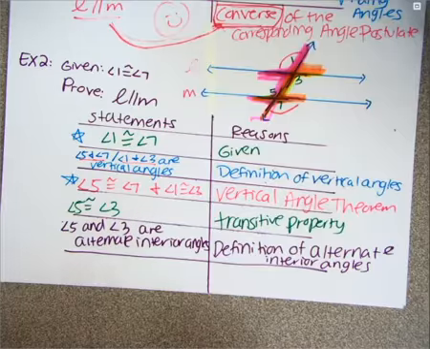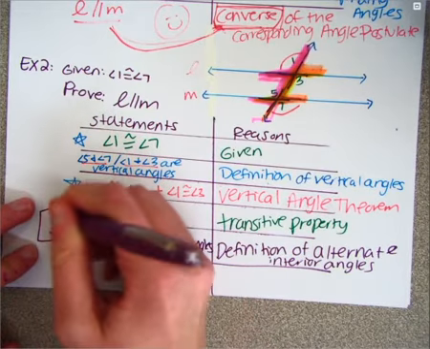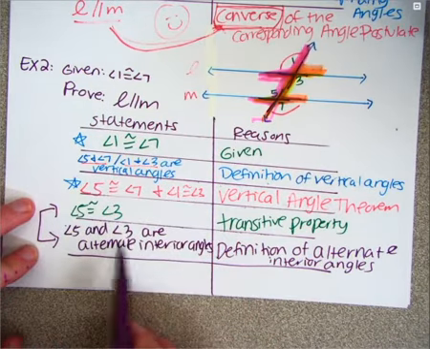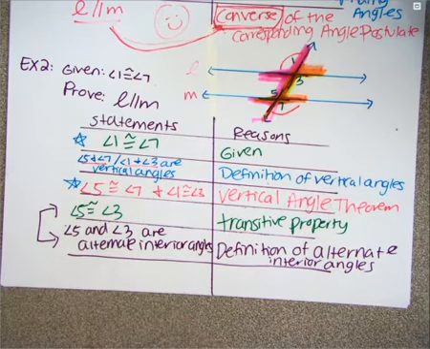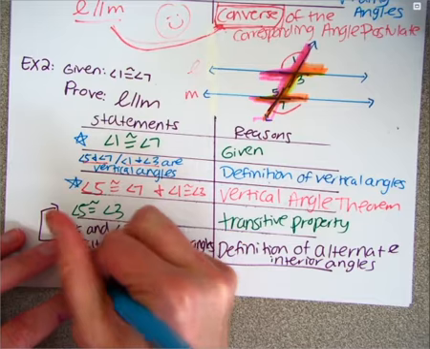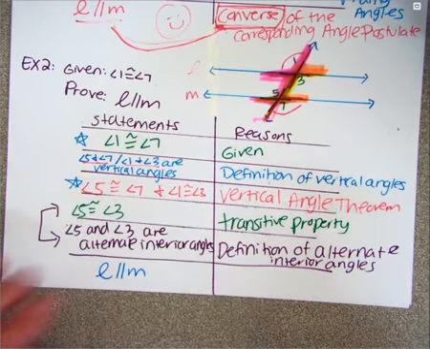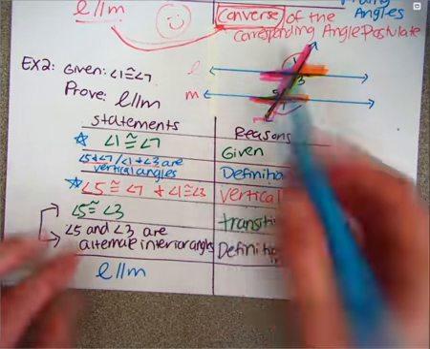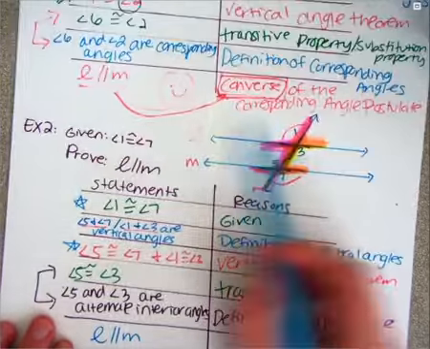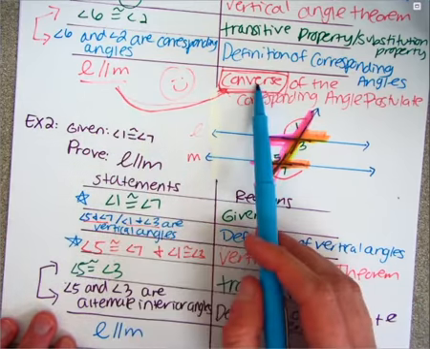So you guys, using these two lines, I've shown that I have alternate interior angles and that they're congruent, which means lines are parallel. Whoa. Guys, and since I showed that alternate interior angles are congruent, remember, whenever you see parallel, I must have a converse theorem.